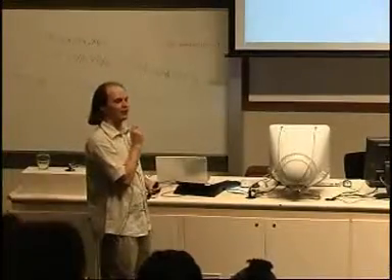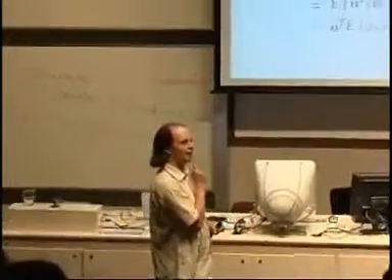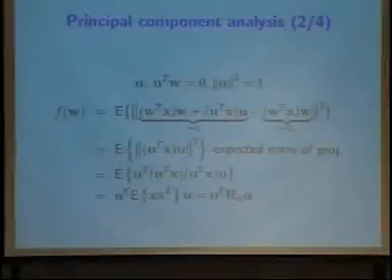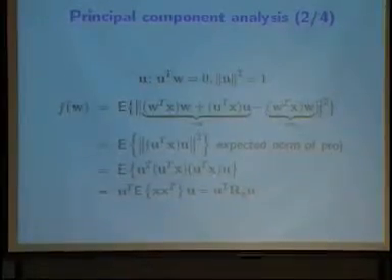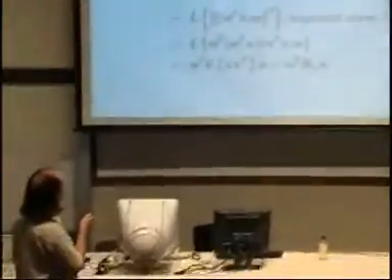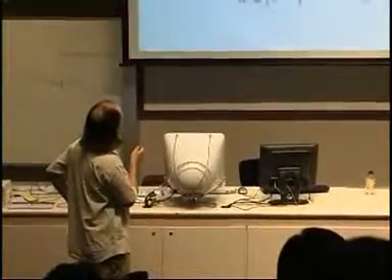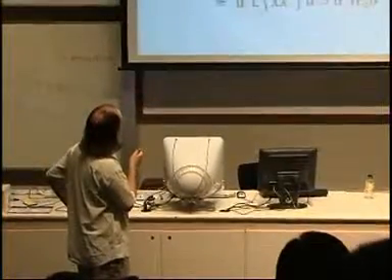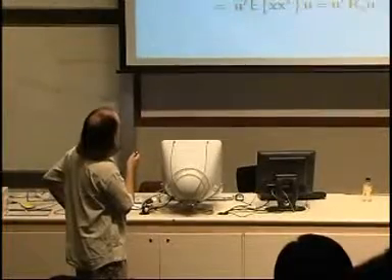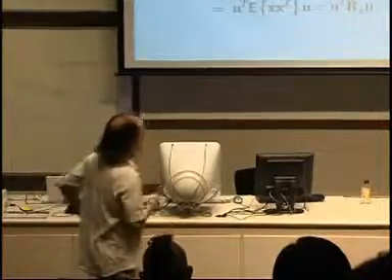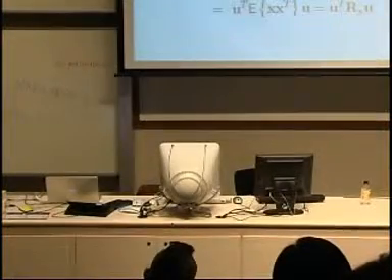Or do you think there's an error here? U transpose X is a scalar, so you could actually write it as U transpose X all transposed. And then if you expand that, the U's cancel out. Yes, some of the U's cancel out. So it has to go somewhat.